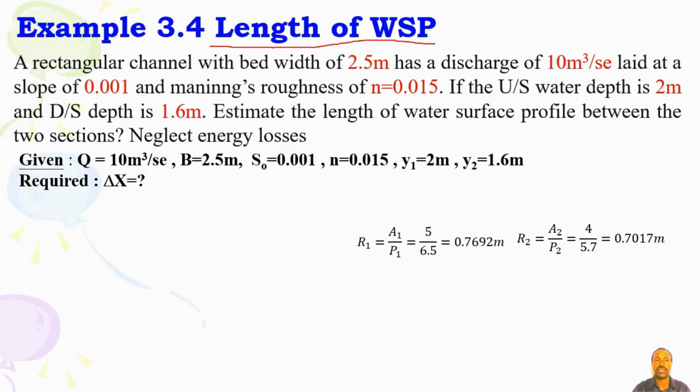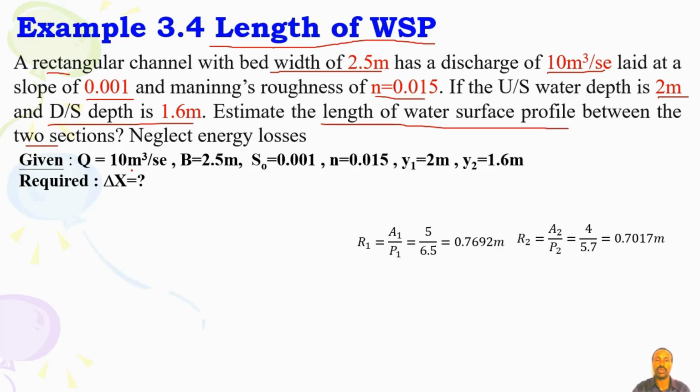A rectangular channel with a bed width of 2.5 meter has a discharge of 10 cubic meters per second, laid at a slope of 0.001, and Manning roughness 0.015. If the upstream water depth is 2 meter and the downstream depth is 1.6 meter, estimate the length of the water surface profile between the two sections, neglecting energy loss.